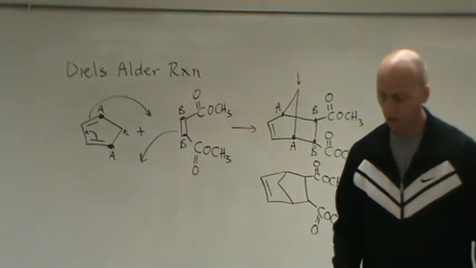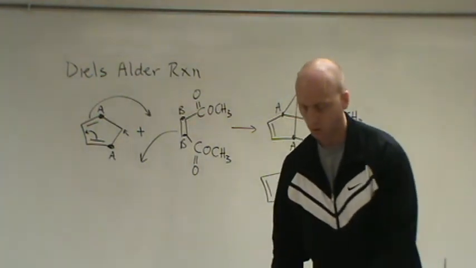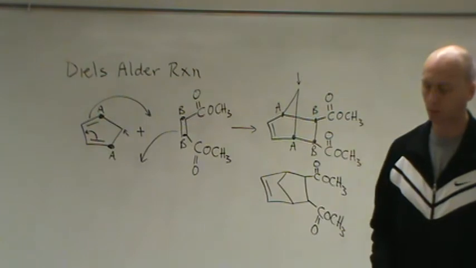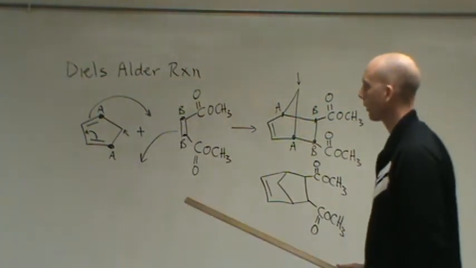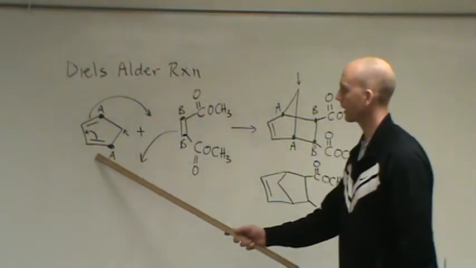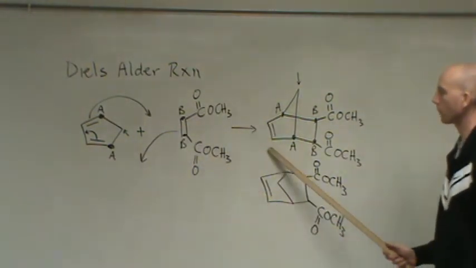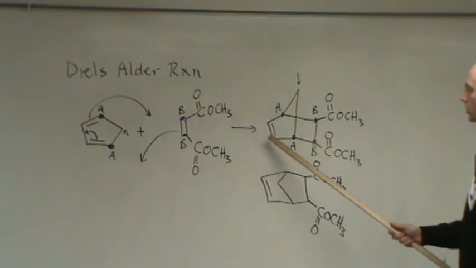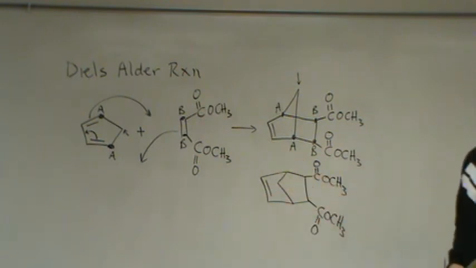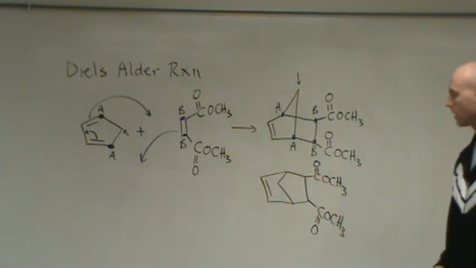Okay? So these are Diels Alder reactions that you want to be familiar with. And what you want to be familiar with is if I give you the diene and the dienophile, to not only be able to draw the product, and yes, you could draw it like this or like that, either way is fine.